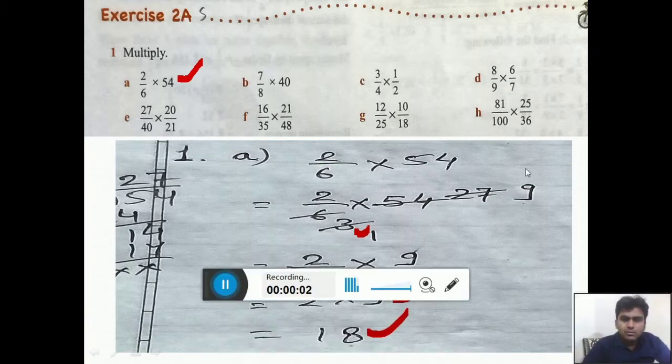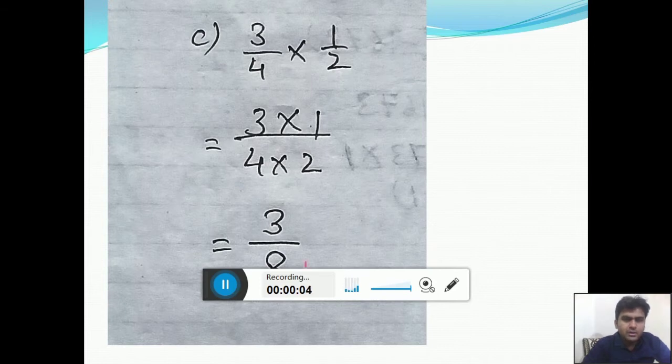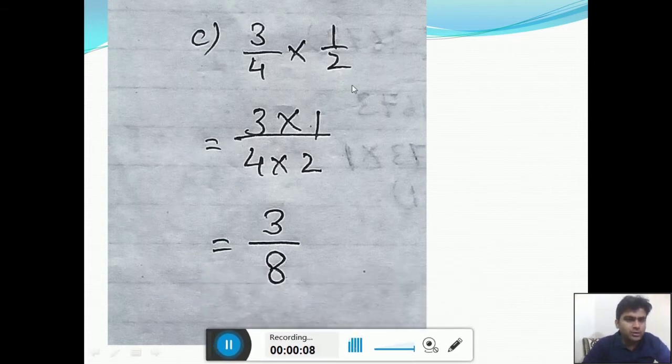Now move on to the next question, that is 3 upon 4 into 1 upon 2. Now how to solve? Here we will see in the cross whether the numbers can be simplified or not. Now see the 3 and 2, they cannot be divided by each other, and 4 and 1 also cannot be simplified, and 3 and 4 also cannot be simplified. 2 and 1 also cannot be simplified.